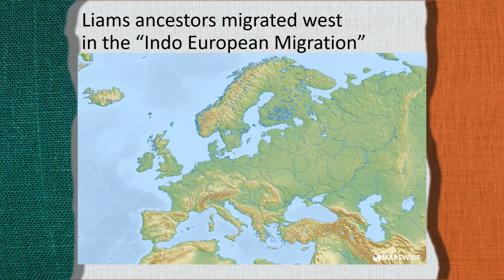Liam's ancestors migrated west in what's called the Indo European Migration. Their ancestors started out long ago in the Pontic steppes near the Caspian Sea around 16,000 BCE with a genetic marker called M343.